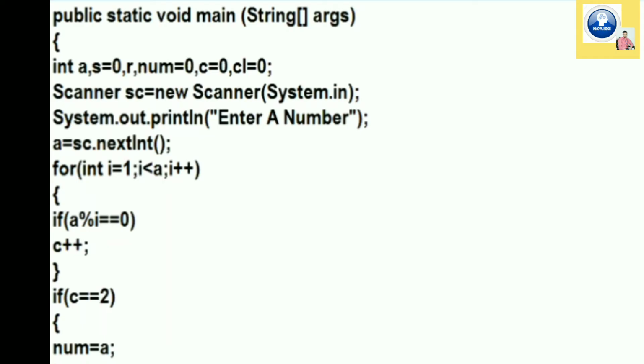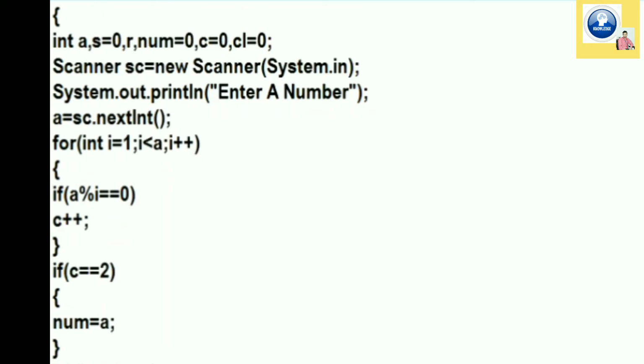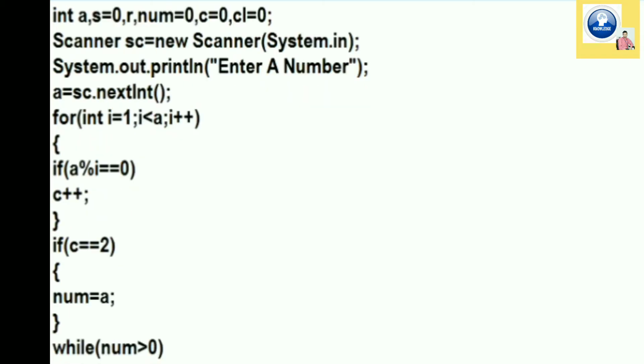Okay, after the reversing of the number, we are going to check again whether the value which we have got as reversed is prime or not. For that, let's run the for loop again. We are going to take another variable here, that is j, and we will run the loop up to the number, that is s.